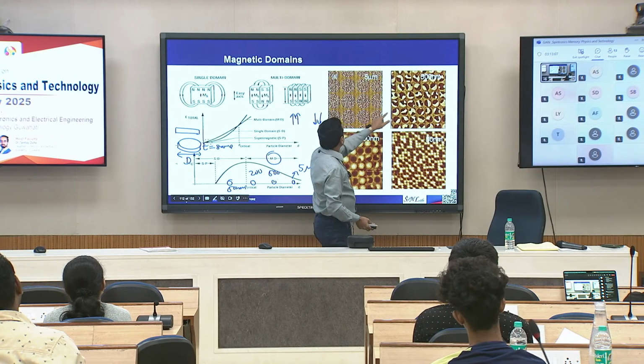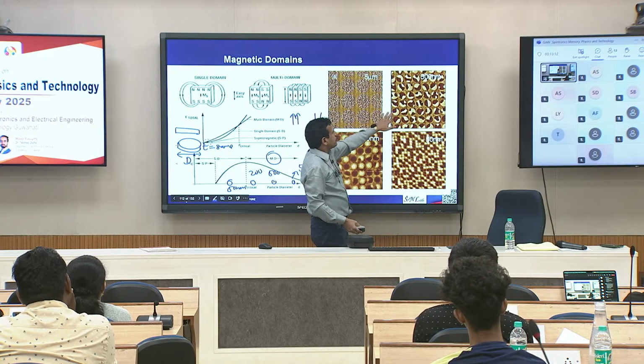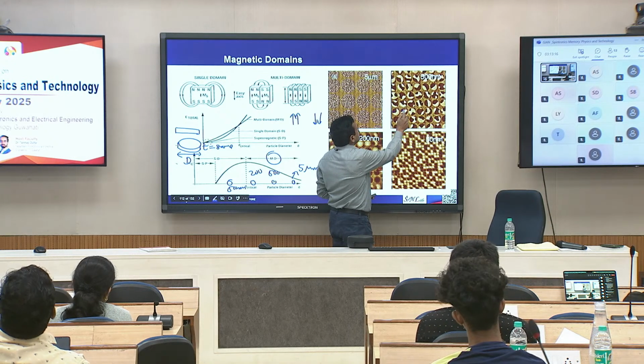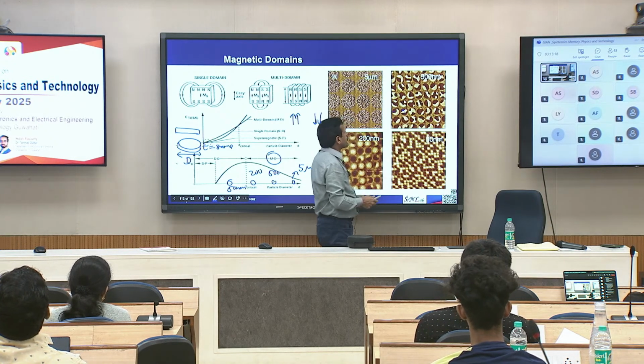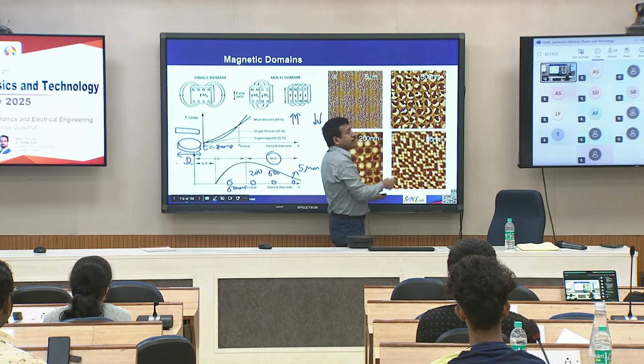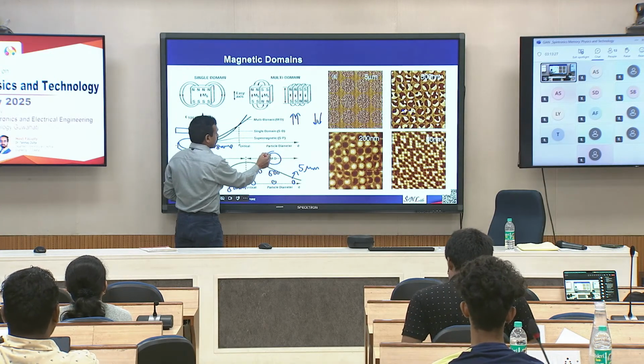This is one domain pointing up, this is another domain pointing down. So, here you have two domains. In this disk you can see three domains, brown, beige, brown. Here again you see three domains. So, at 500 nanometer also domains have formed, so it is still in the multi-domain state.